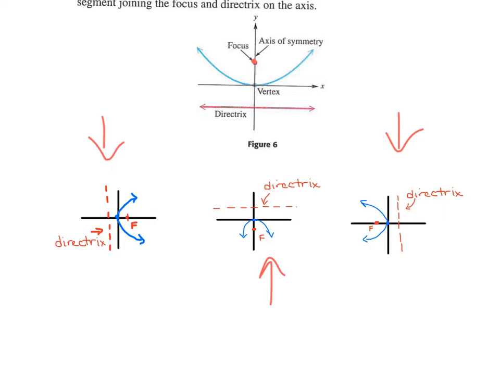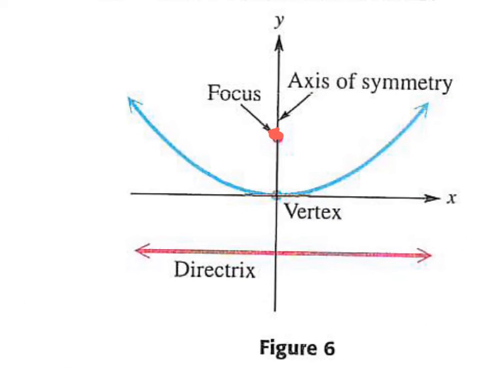If we go back to the previous picture, let's say this is at the ordered pair (0, 2). Notice if I put a little line here, we can see that it's 2 spaces away from the vertex. And then this directrix line, we could say that this is at the line y equals -2.